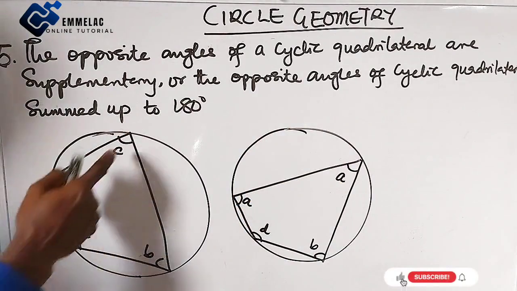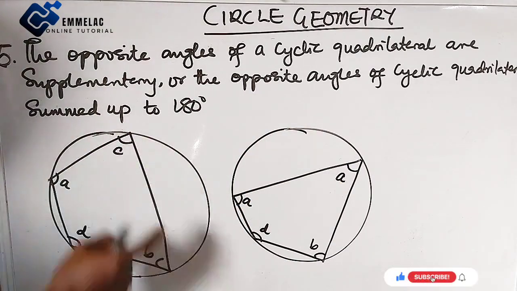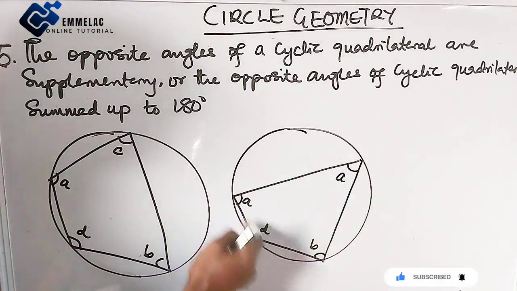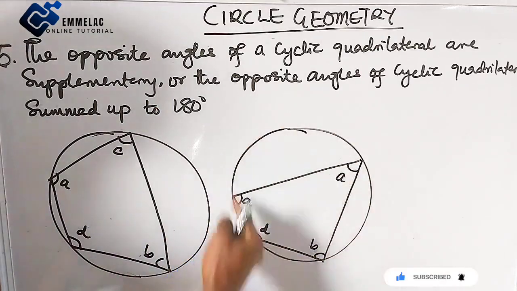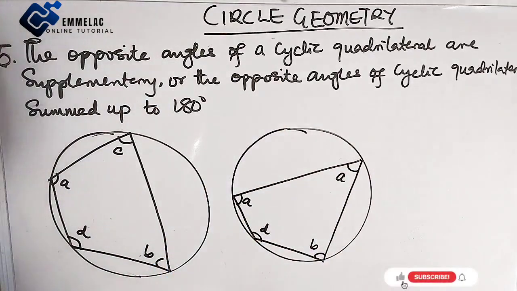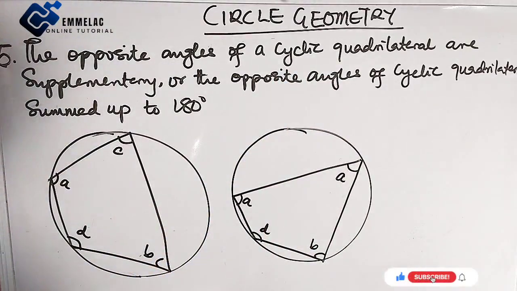This is a quadrilateral in a circle, and that is what makes it a cyclic quadrilateral. A quadrilateral has 4 sides, right? Actually, quad means 4.